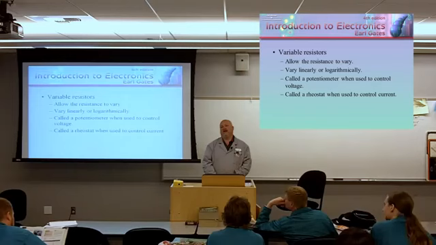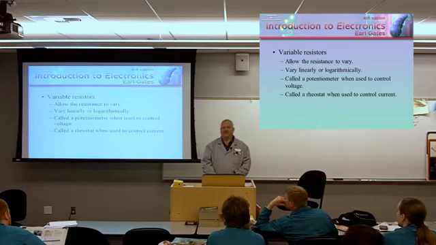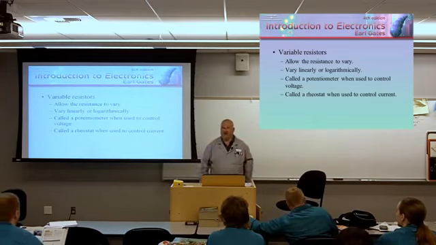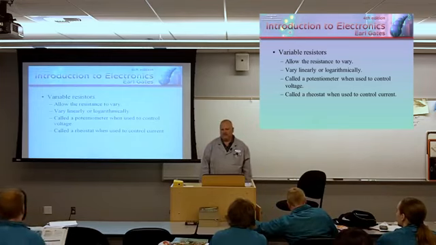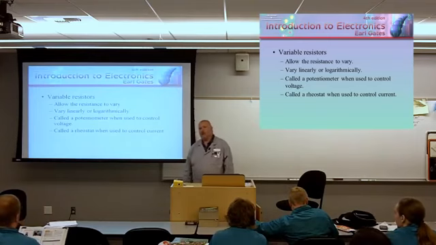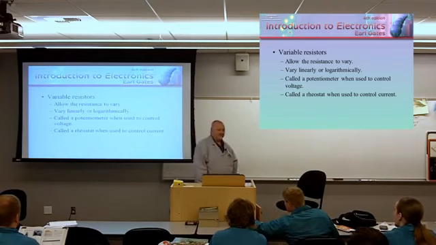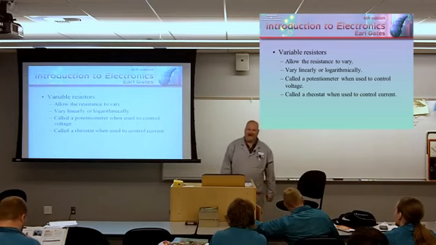But first, what type of variable resistor do we use to control voltage? The answer is potentiometer. When we use a variable resistor to control current, we call it a rheostat.